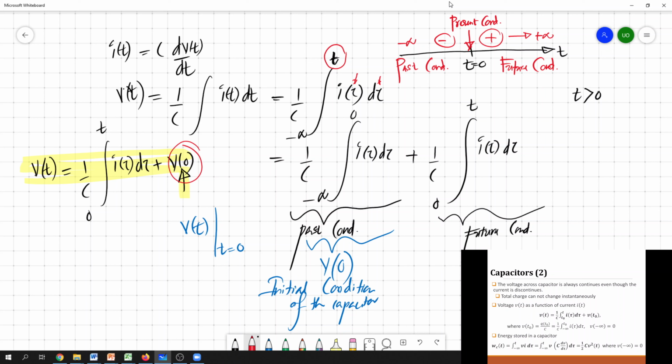Either you have to calculate this initial condition, or you have to plug in the value given in the question. Otherwise the question should clearly mention that your initial condition is 0. If you want to evaluate the voltage across the capacitor, keep in mind there is a term that comes from the initial conditions as well.